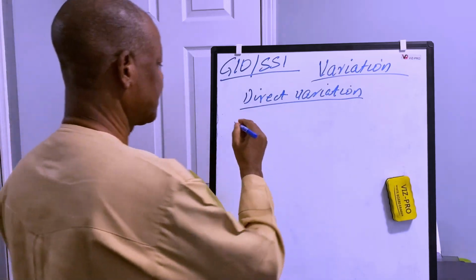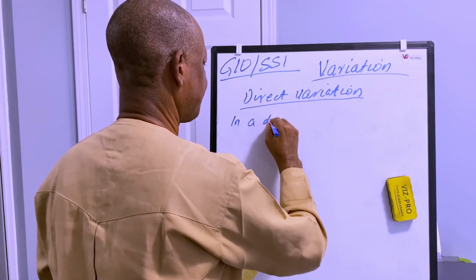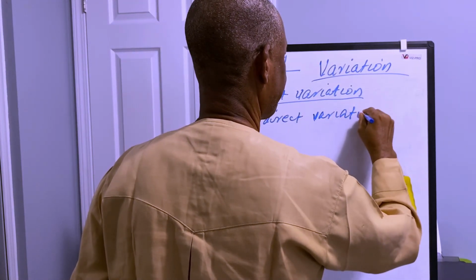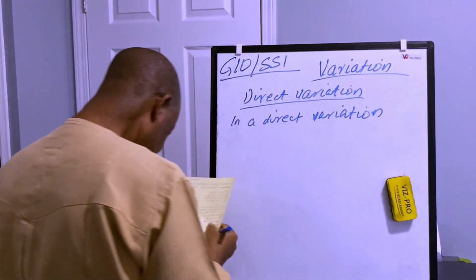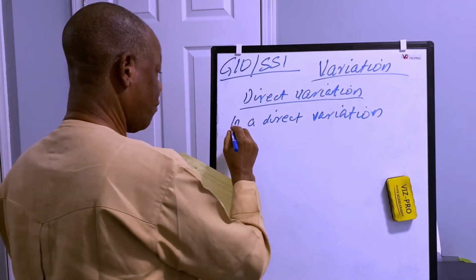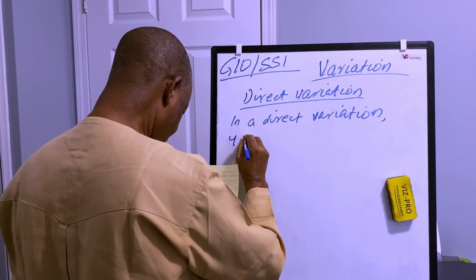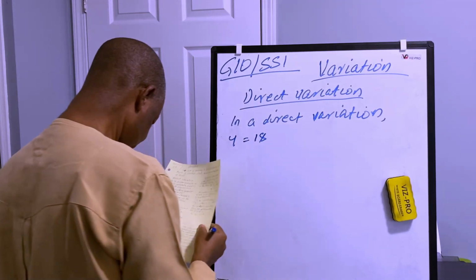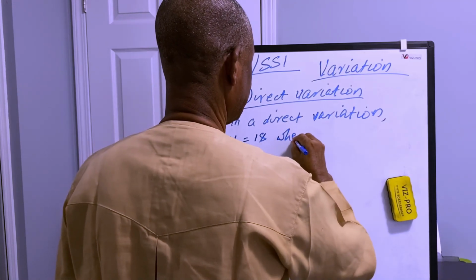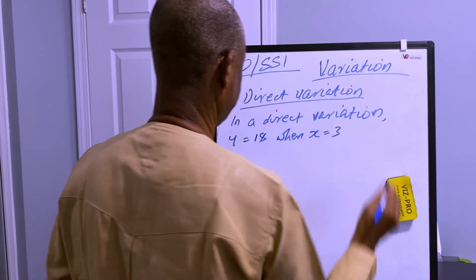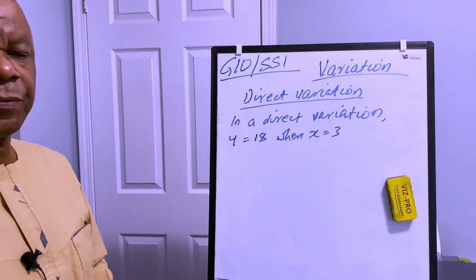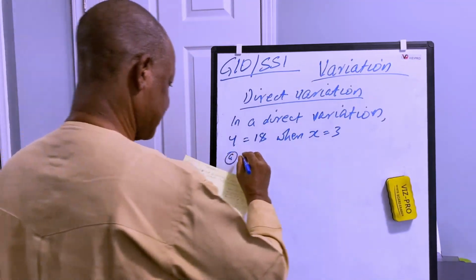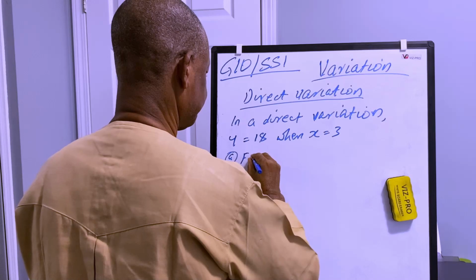Here we are asked, in a direct variation, y is equal to 18 when x is equal to 3. This is the information we are given. And we are expected to find A, the constant of the variation.